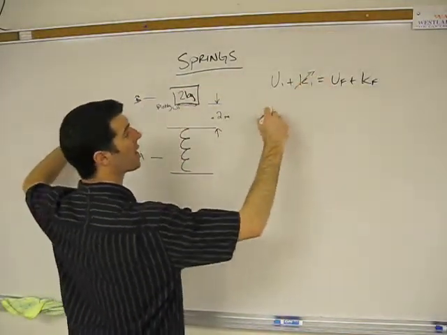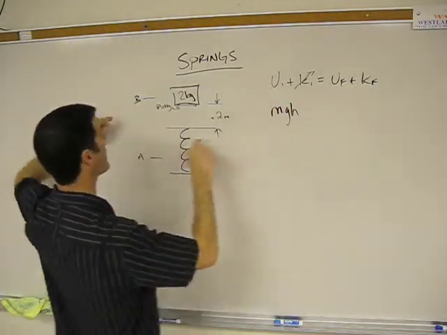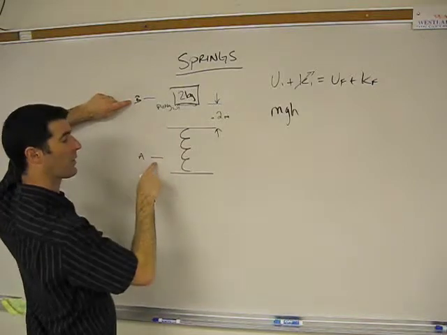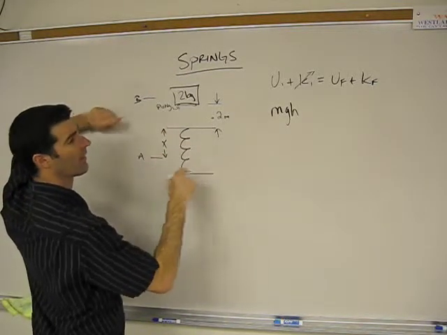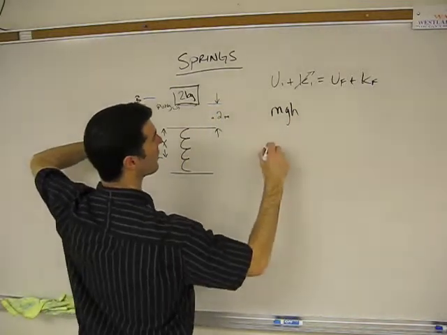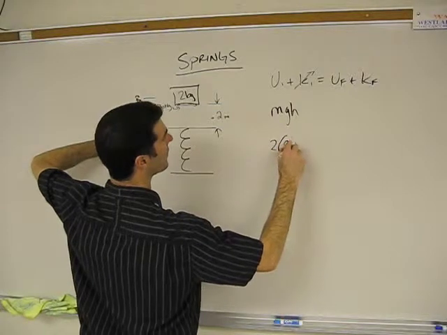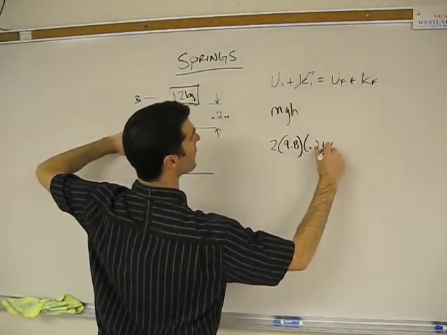It only has mgh. Now h we'll have to define. H is going to be from this point all the way to here. So if we call the compression x, this h is going to be the distance it fell plus x. So this is going to be 2 times 9.8 times 0.2 plus x.